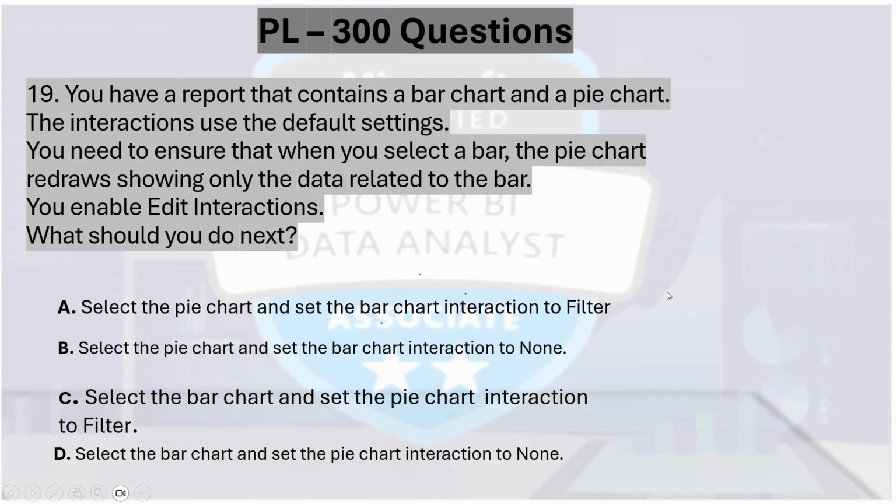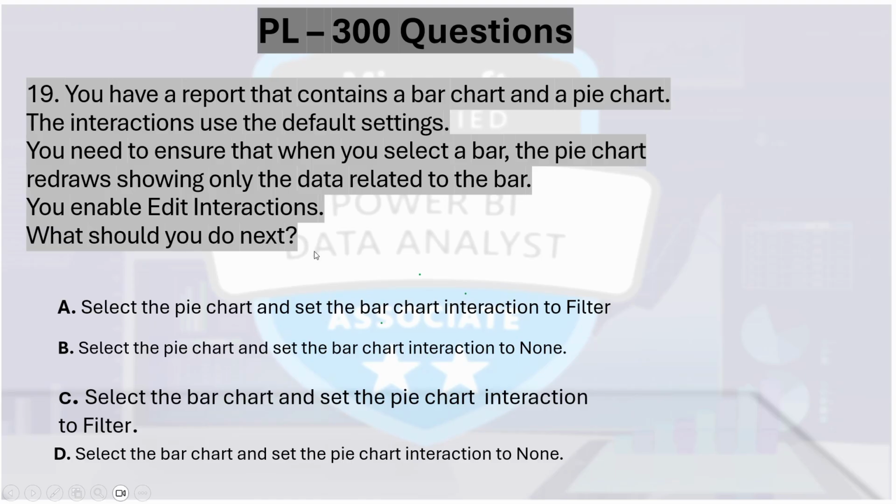Now question number 19. You have a report that contains a bar chart and a pie chart, and the interaction uses the default setting. You need to ensure that when you are selecting the bar chart, the pie chart redraws showing only the data related to the bar. You enable the edit interaction.